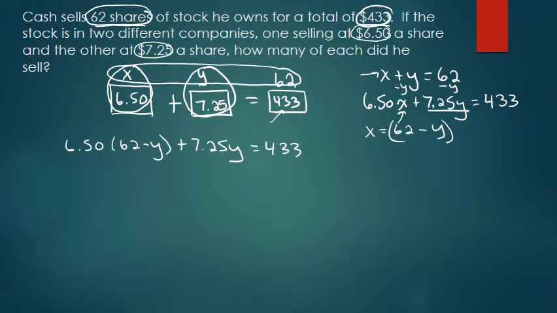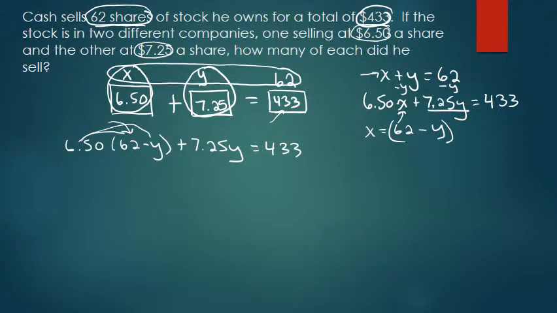A reminder, I included parentheses around the expression that I substituted in for X. That's really important because I have to remember to distribute to both things inside the parentheses.